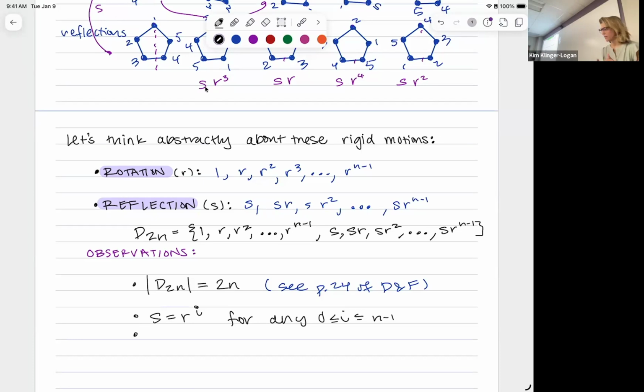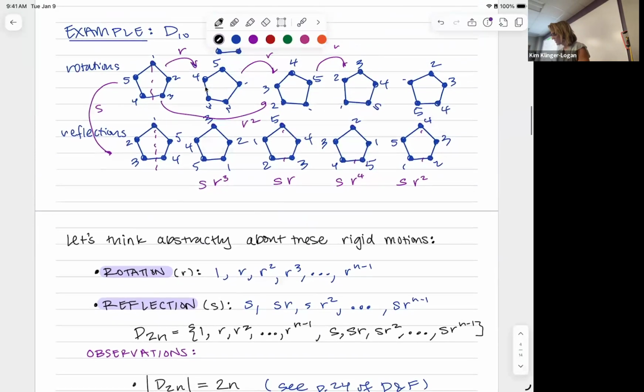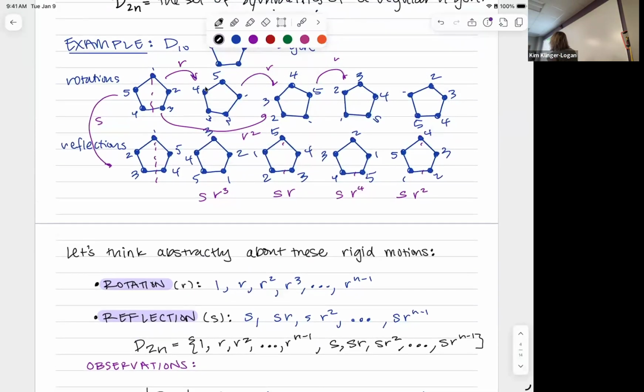Another thing that we might notice is that, let's see if I can illustrate this properly. This group is not exactly abelian. So what does it mean to be abelian? It means that we can move the elements back and forth, right?